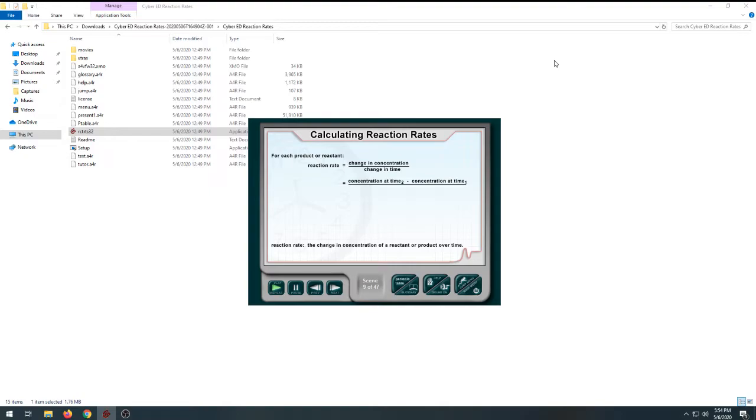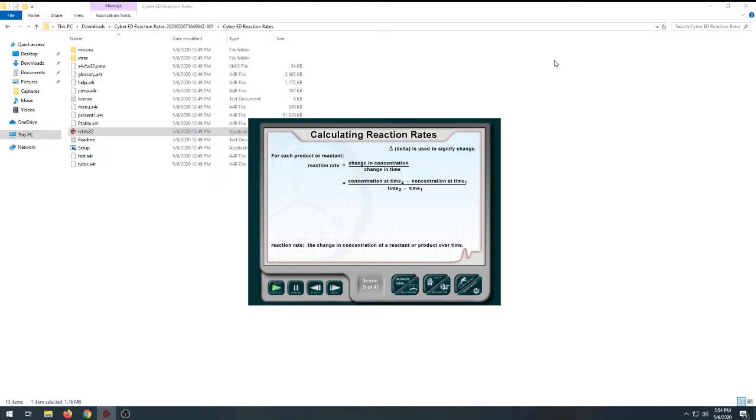Change in concentration is equal to the concentration of a reactant or product at time 2, which is the time the second measurement is made, minus its concentration at time 1, the time the first measurement is made. The change in time is simply time 2 minus time 1.